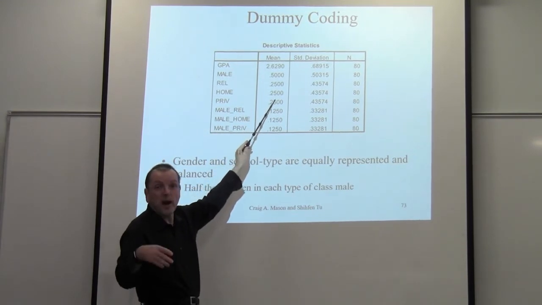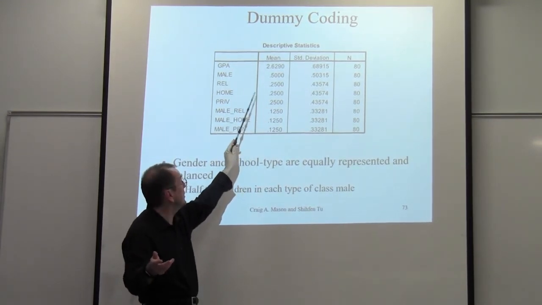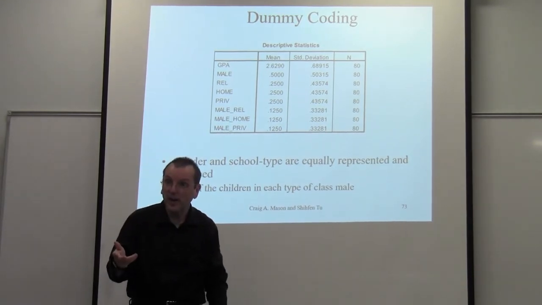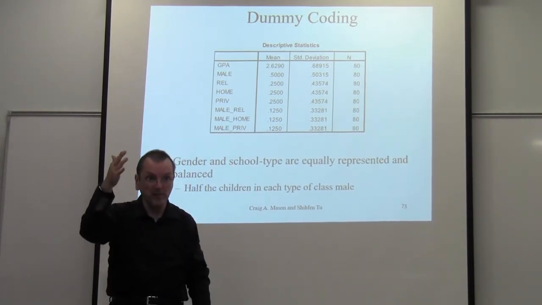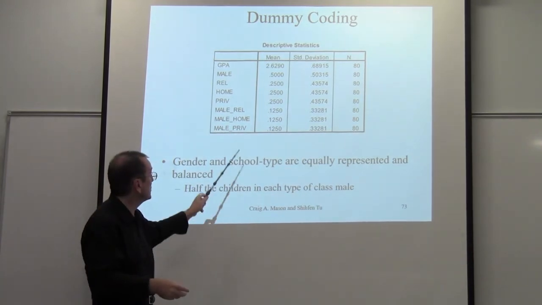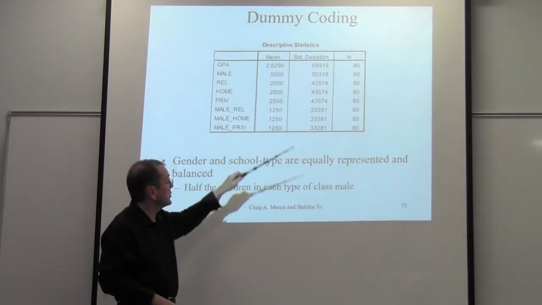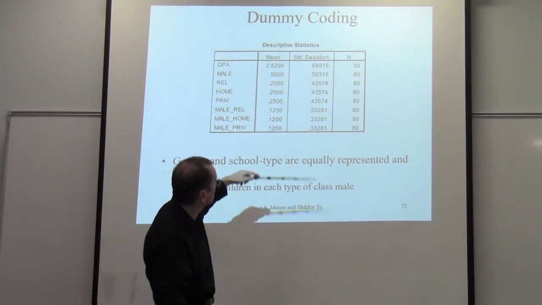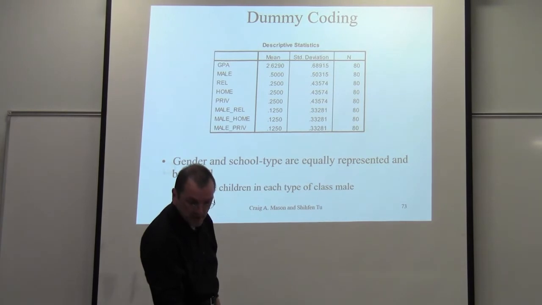Home is 0.25, 25% are in homeschooling. Private is 0.25, 25% are in private school. And the balance, 25%, are in public school. So we interpret that everything's nicely, equally balanced. When you see something like that, it's telling you everything's equal Ns across the groups.